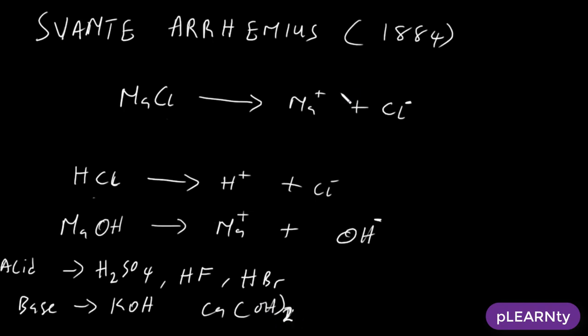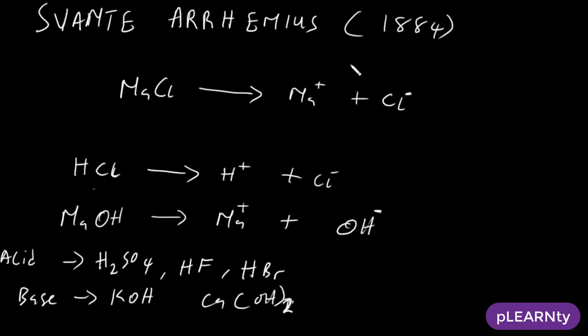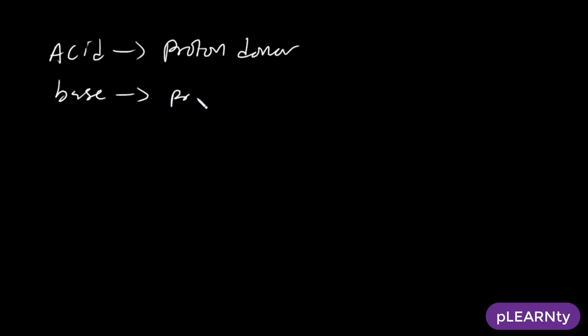Now let's move to another definition of acid and base by Bronsted-Lowry. So according to the Bronsted-Lowry definition, we believe that acids are proton donors, while bases are proton acceptors.